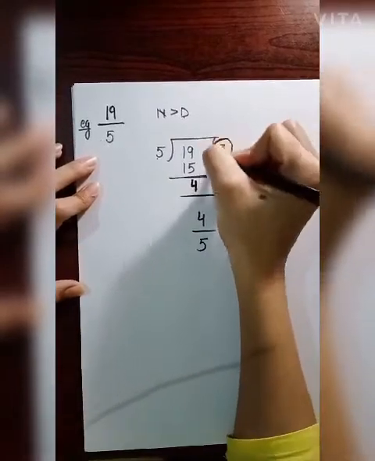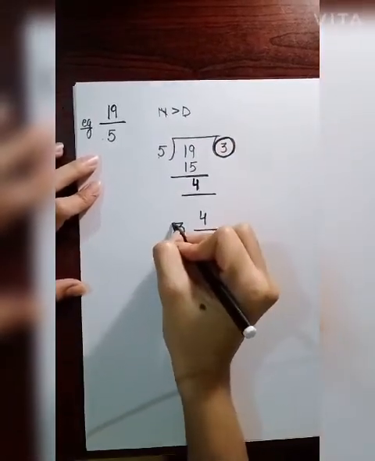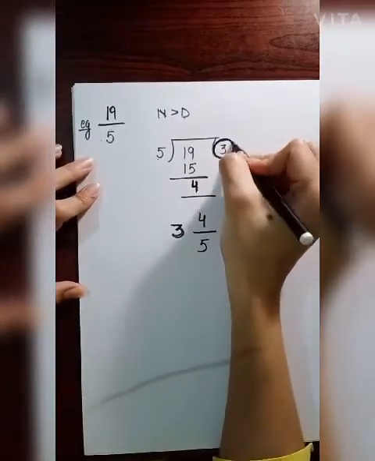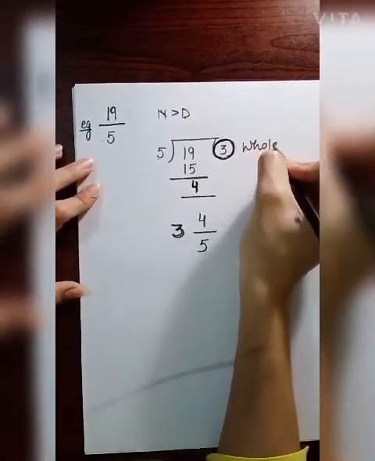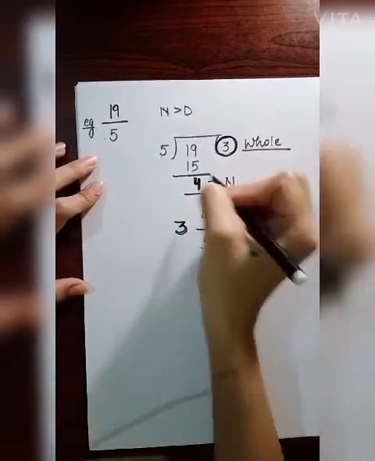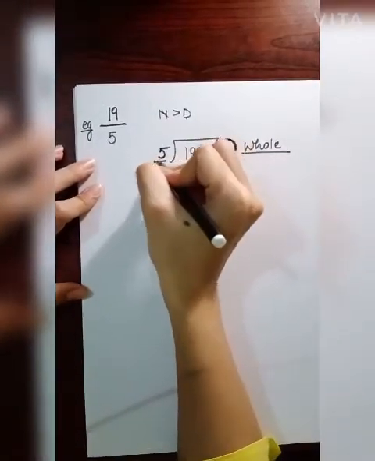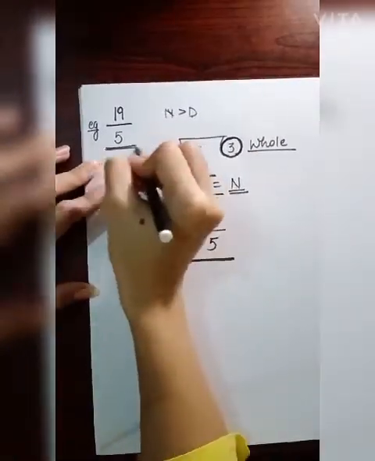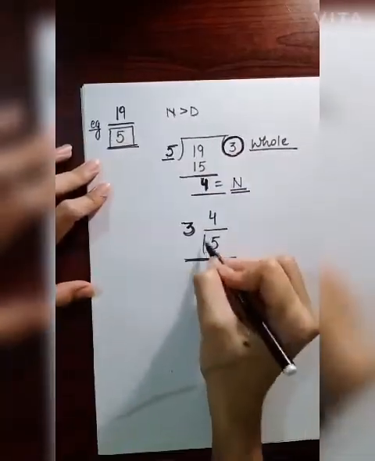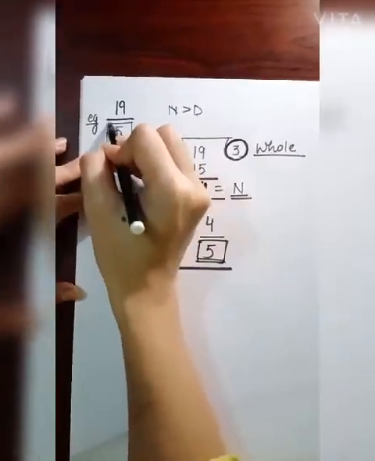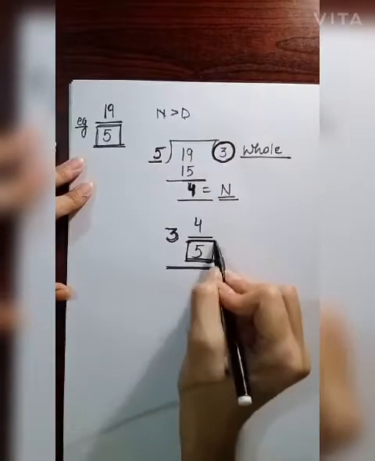And this quotient will become our whole number. See again, after division, the quotient will become our whole number. The remainder will become our numerator and the denominator will be the divisor. See here carefully. The denominator will be the same even after conversion. The denominator was 5 here and 5 here too.